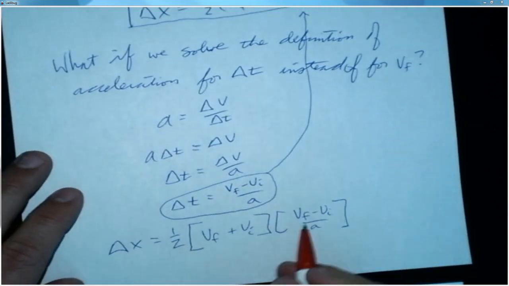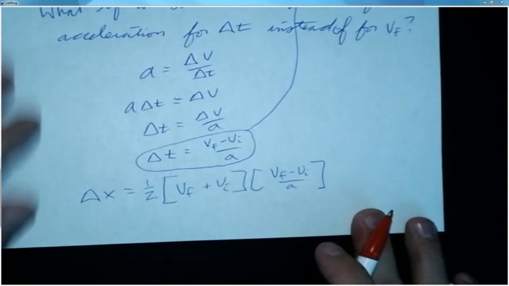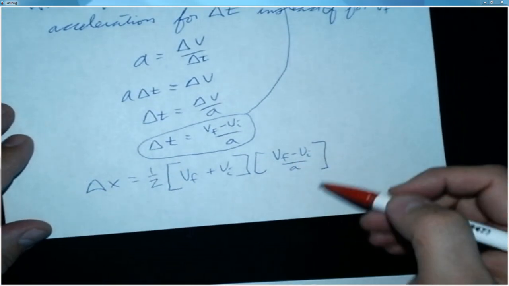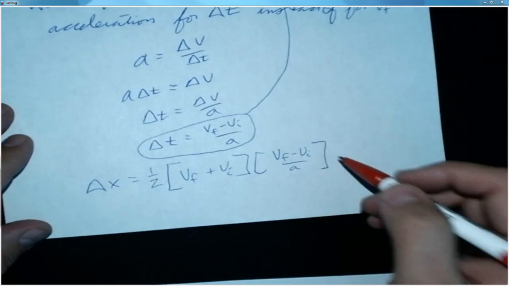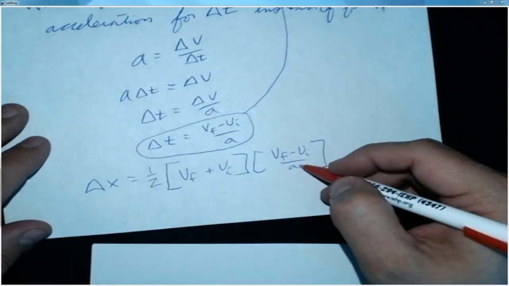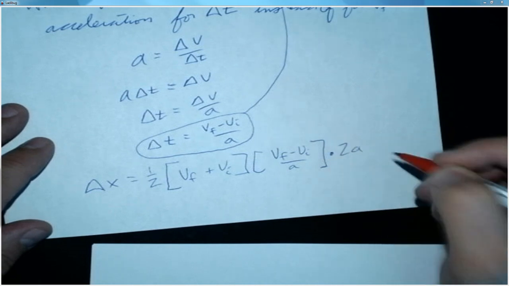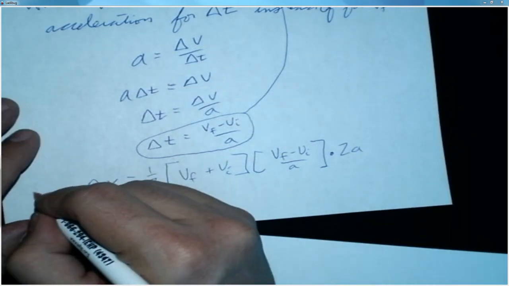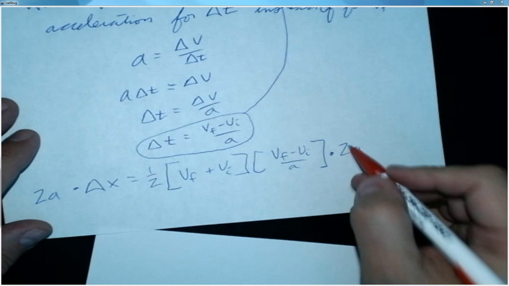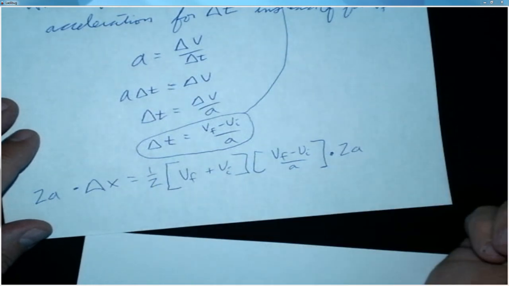Well, let's move the 2 to the other side because that's an easy step. That'll make my life better. Oh, and look, this thing is over A. So I could multiply both sides by 2A, which would get rid of the half and get rid of the A. Then the 2 and the half would become 1, because 2 times half is 1.